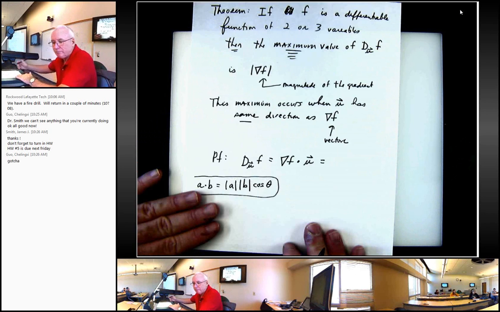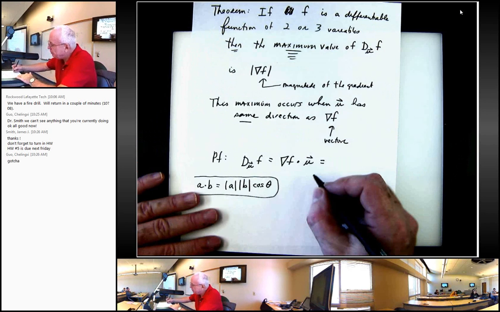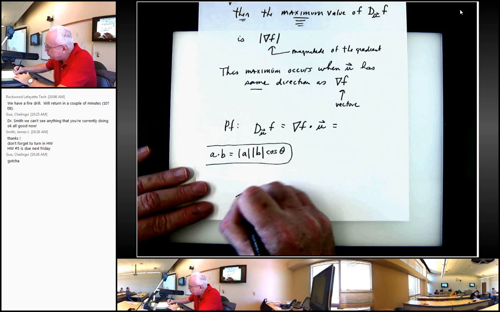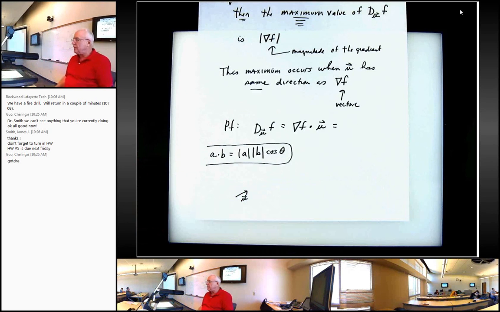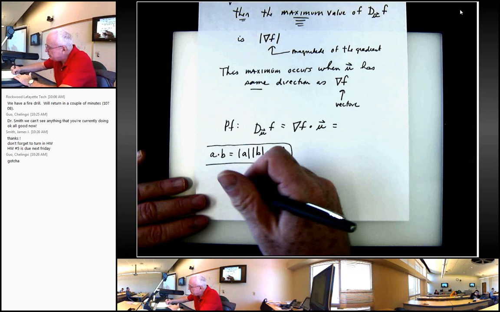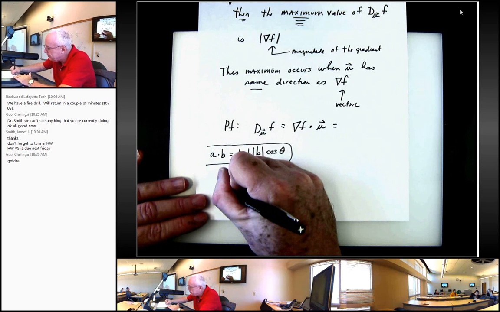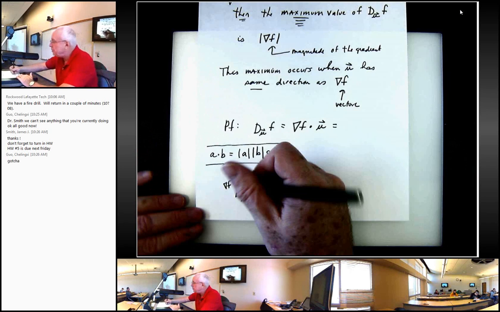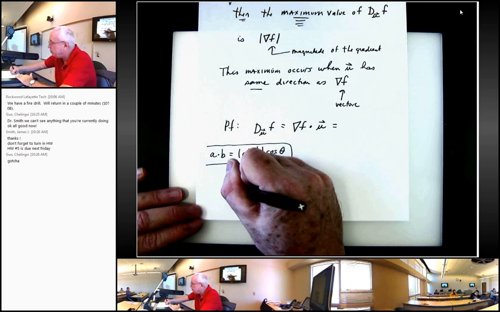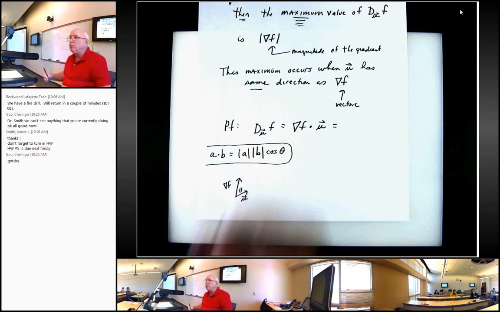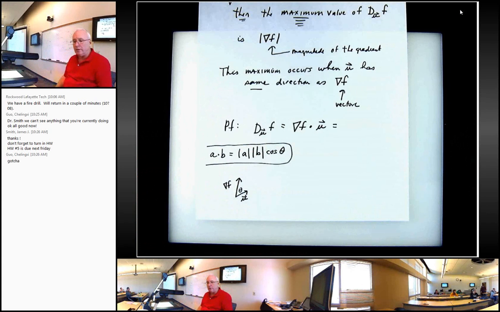All right. So let's look here. Let me draw a little diagram here. Here's our unit vector that we're doing the directional derivative in that direction. And here is our gradient vector. Remember, it's a vector. In between these two vectors, we can put them tail by tail, and in between, we say that they have an angle, and we'll call the angle theta.